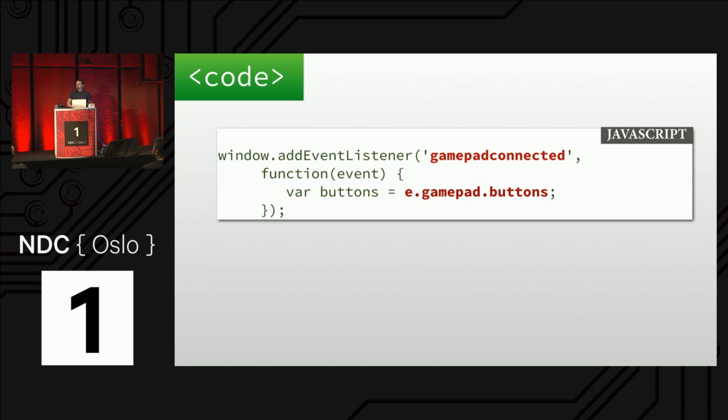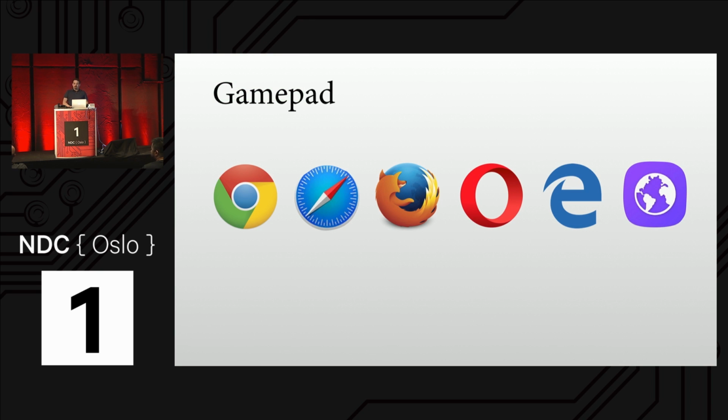And you will get information about the buttons, and also if it has a joystick, you have information about the axis as well. This is available everywhere. Every browser, including Safari, supports the Gamepad API. Okay, mostly with Bluetooth joysticks and gamepads.